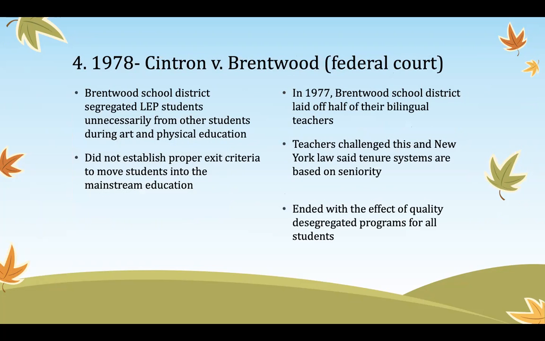In 1978, we have Cintron versus Brentwood, and this one went to federal court. The Brentwood School District segregated LEP students unnecessarily from other students during art and physical education, and it did not establish proper exit criteria to move students into mainstream classrooms. In 1977, the year before this was passed, Brentwood School District laid off half of their bilingual teachers, and the teachers challenged this, and the New York law said that tenure systems are based on seniority and pretty much tried to say that it was okay.